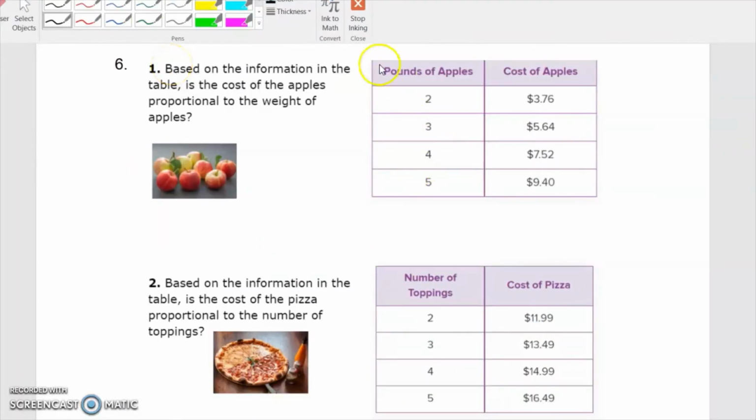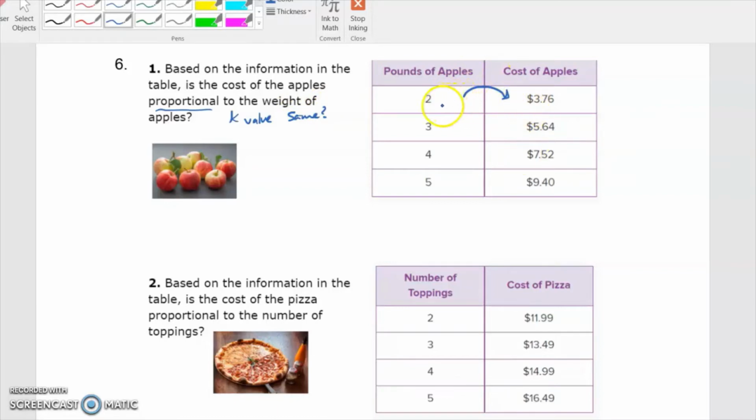Okay, in this problem it says, based on the information in the table, is the cost of the apples proportional to the weight of the apples? One way I can look for proportionality is to find that k-value. So is my k-value the same when we go from our pounds to our cost?